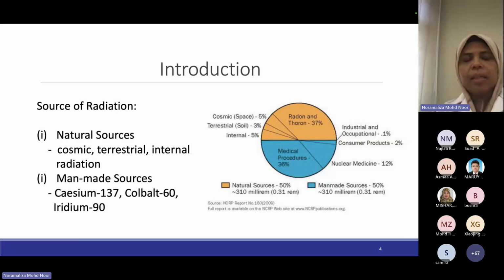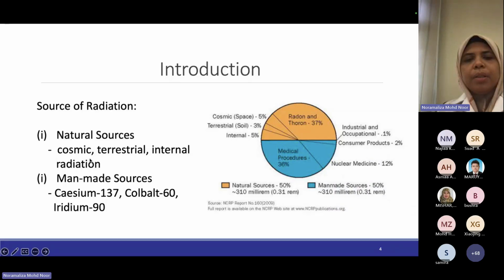As we know, there are two types of radiation sources, including natural sources and man-made sources. The natural sources are mainly contributed by cosmic, terrestrial, and internal radiations.